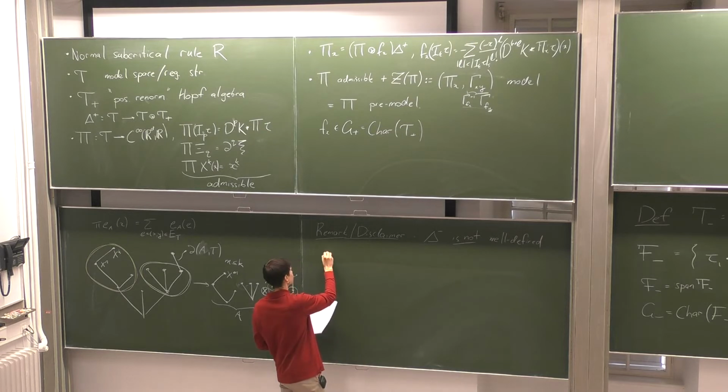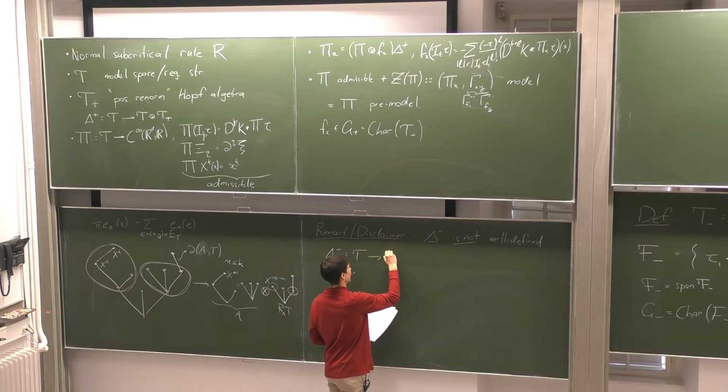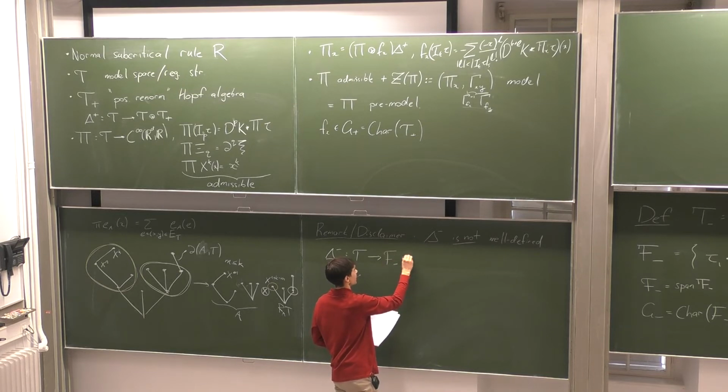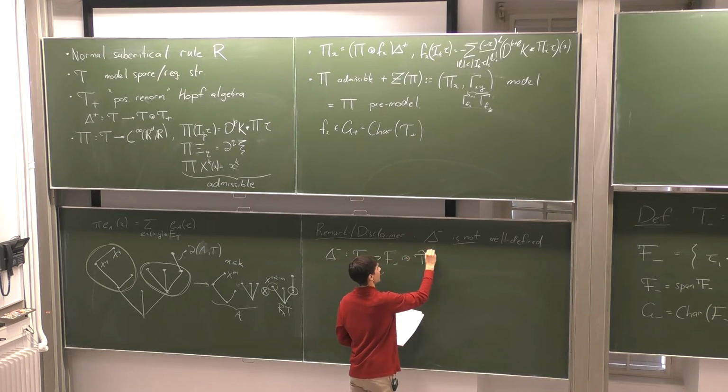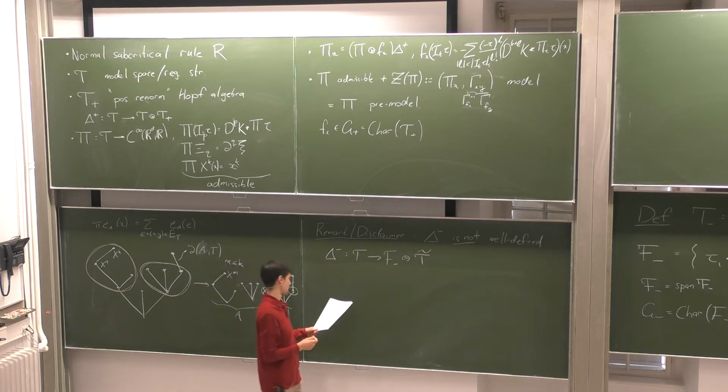As it stands. Because in principle, delta minus will go from T into F minus tensor some bigger space over here. So you might need to include some extra trees that appear from these contractions.